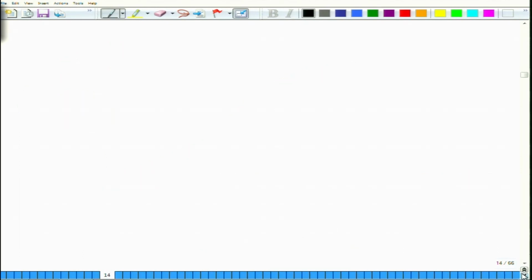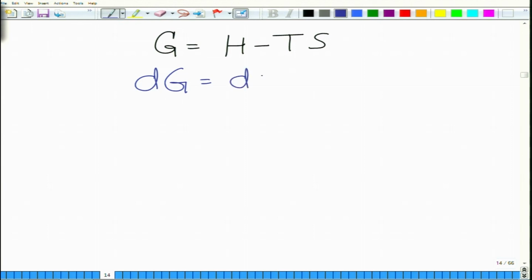So, now we know that G is equal to H minus TS. Expand upon it further. If you look at the incremental change, then dG becomes dH minus TdS minus SdT. Differential form will be this, and we know that H is equal to U plus PV.